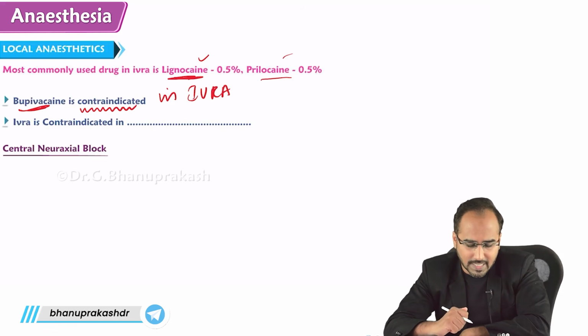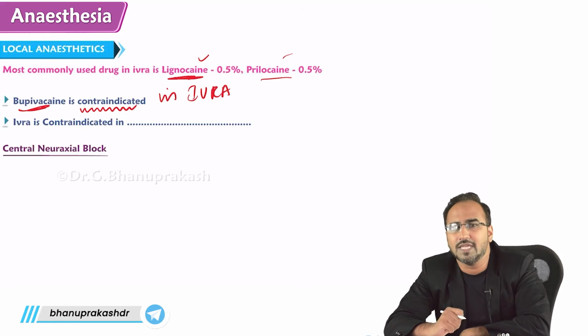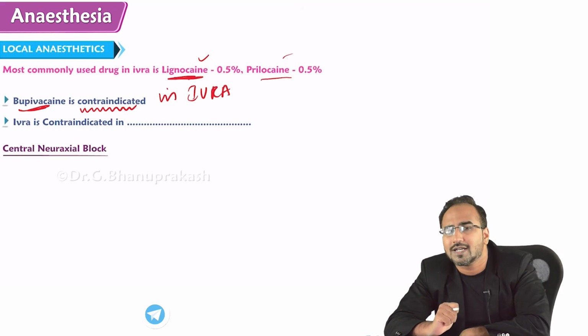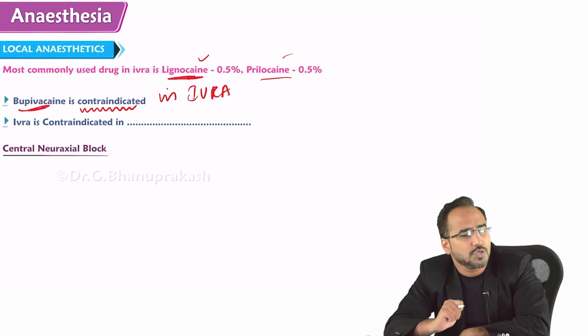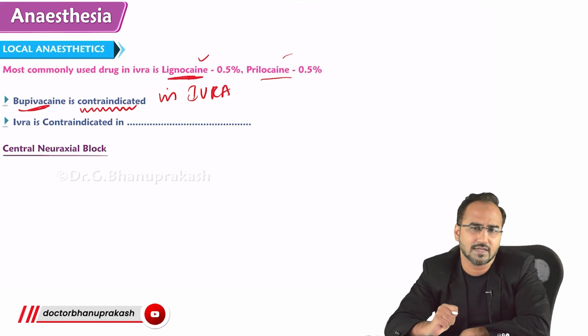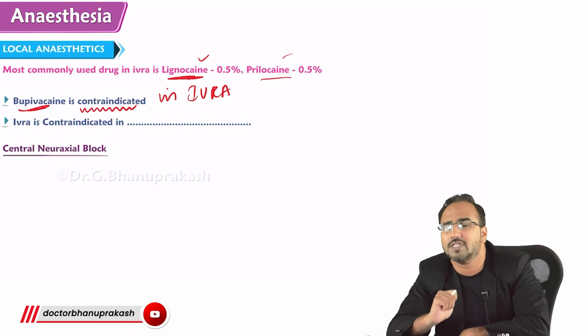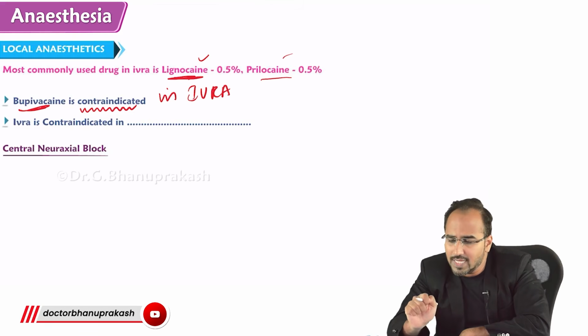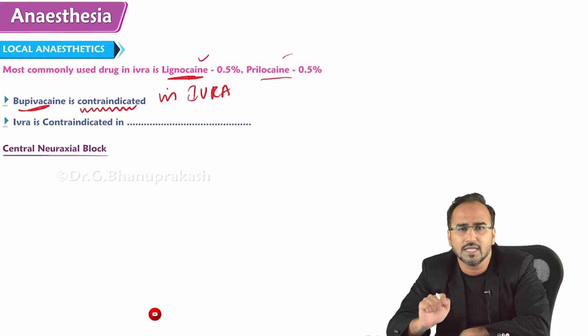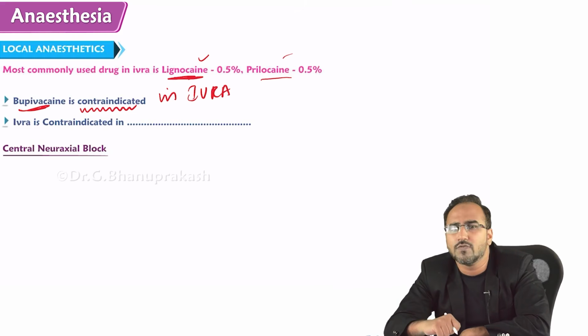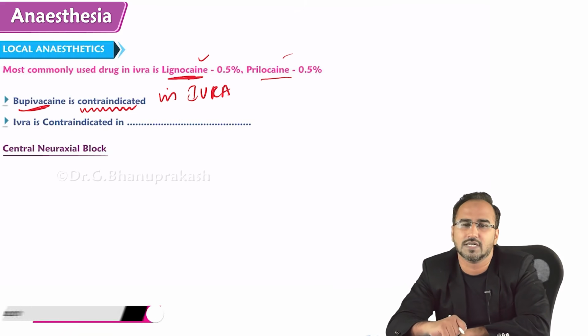So guys, coming to the next thing, tell me IVRA is contraindicated in which patients? In which patients should you never give IVRA? Imagine a patient is suffering with Raynaud disease and he is having Colles fracture. Will you go for IVRA? Never, sir. Why?